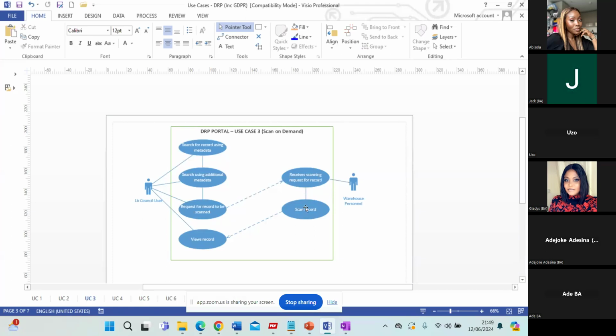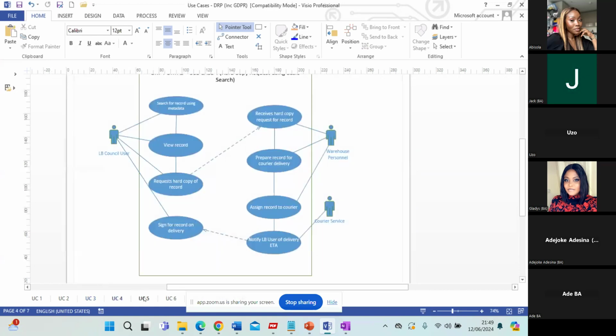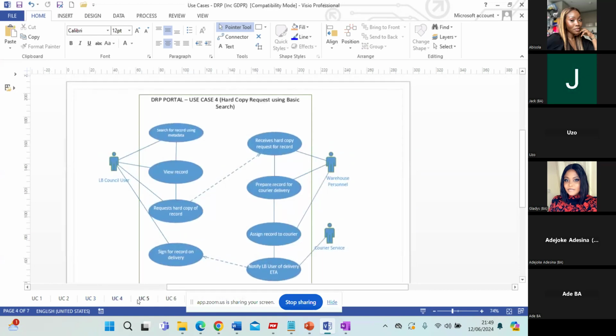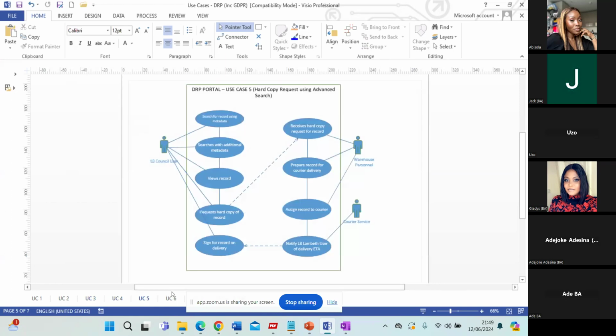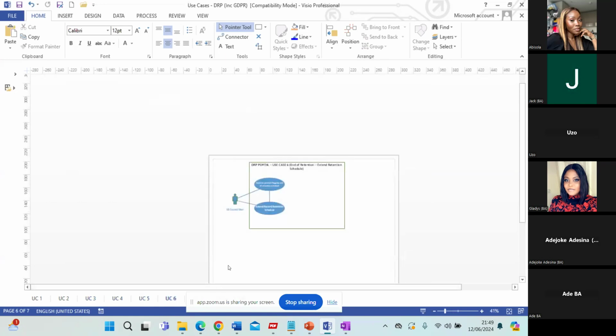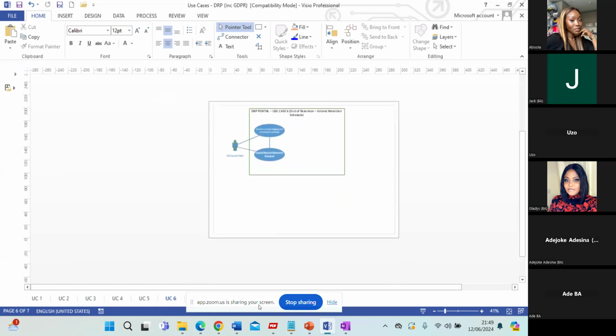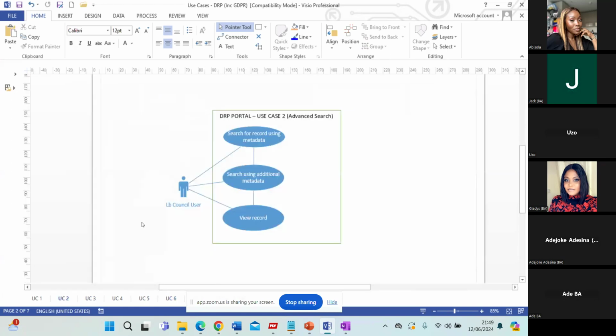They scan the record and then they send it via the system to the user, and they're able to view their record. So all those different use cases are represented here in all these different use case diagrams. So that's basically what that is.